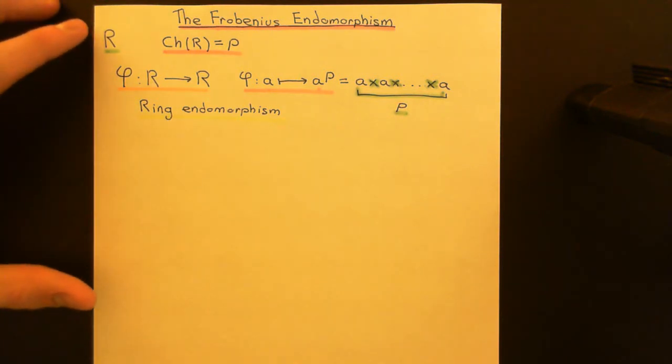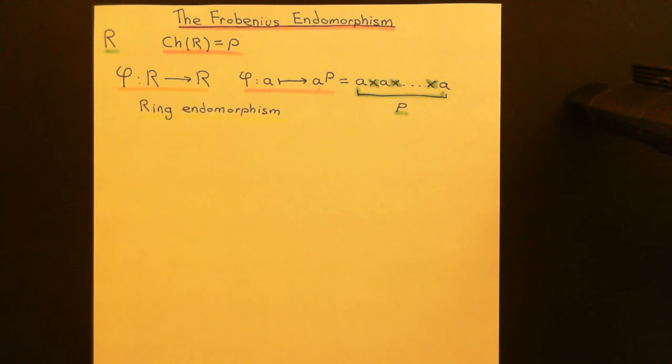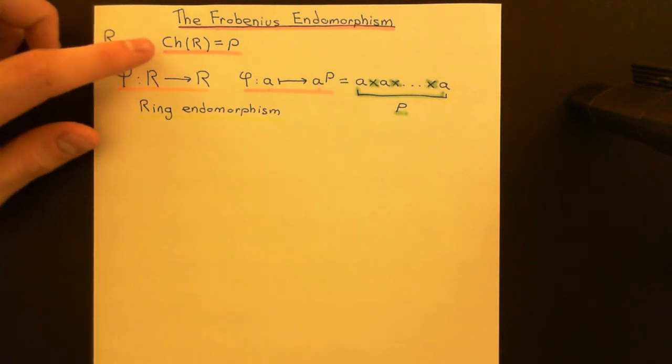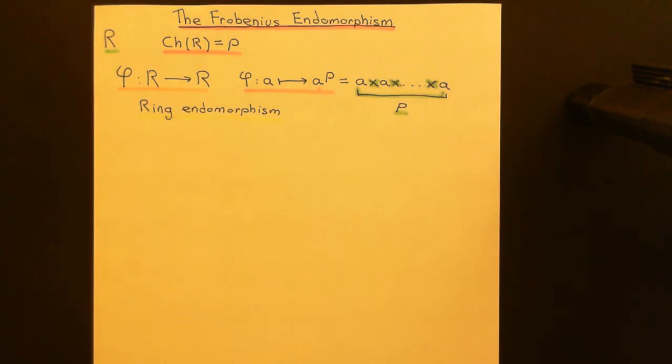Okay, so let's begin then with trying to prove additive compatibility, and let's see why it's so important that the characteristic of the ring is actually a prime number. Okay, so what do we want to prove then?